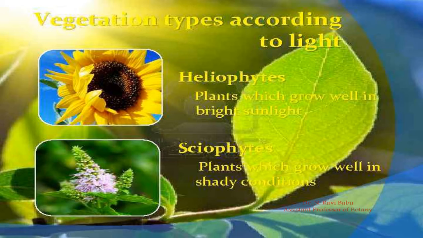Although shade tolerance is an important factor in determining the establishment of a species in a particular area, availability of soil, water, and essential elements are equally important here.